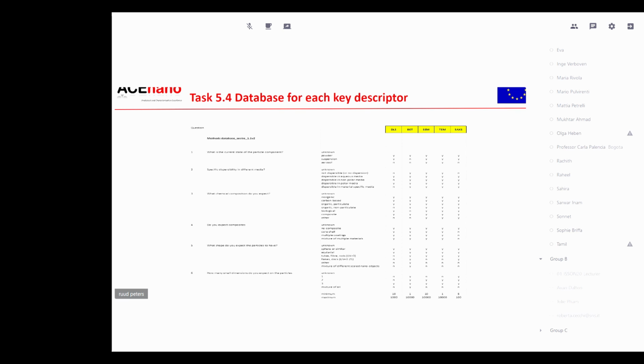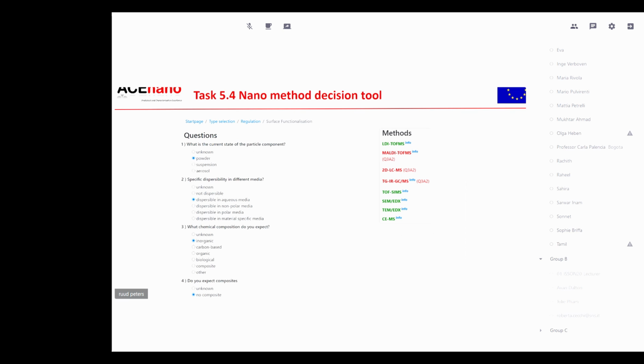Well, in the end, of course, doing it in Excel is not so very easy. So the Excel-based tool was converted into an online application, of which you can see a picture in this slide. It is essentially doing the same as the Excel tool is doing, but it's far more user-friendly and easy to use. And we will have a look at that in more detail shortly.